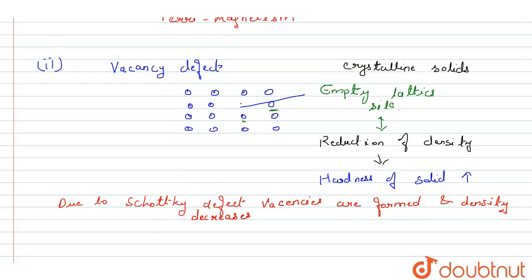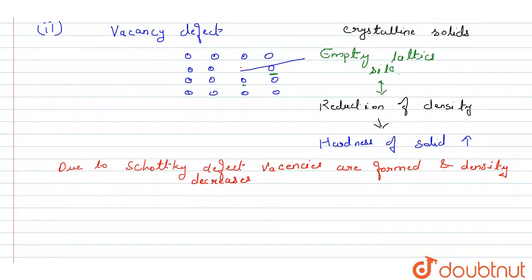So let's see here. This type of defect is created when one positive ion and one negative ion are missing from their respective positions. Let's see the structure. Suppose this is the structure of a crystal, and here the positive and negative ions are placed.